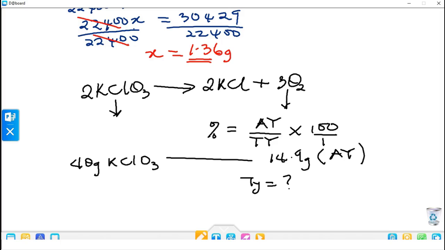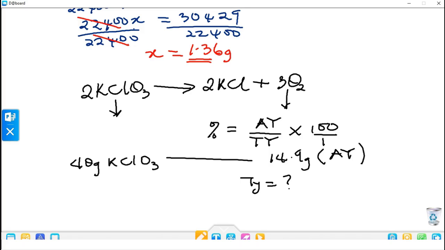So, how do we go about calculating our TY? To calculate our TY, we will need to solve the molar masses of potassium chlorate and oxygen. From there we can get our theoretical yield.